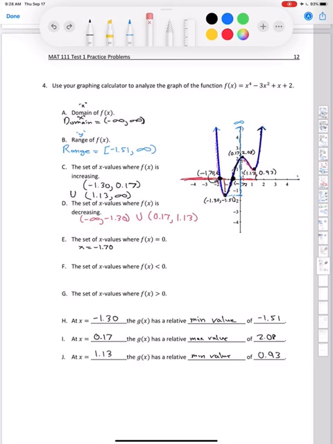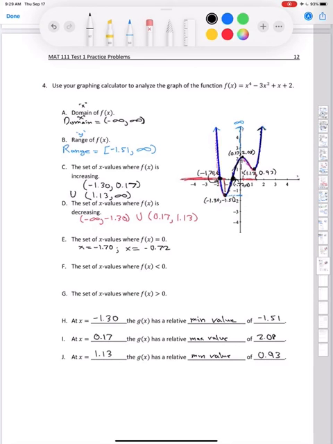All right. So we got two values: x equals negative 1.70 and x equals negative 0.72. Those are my two zeros.